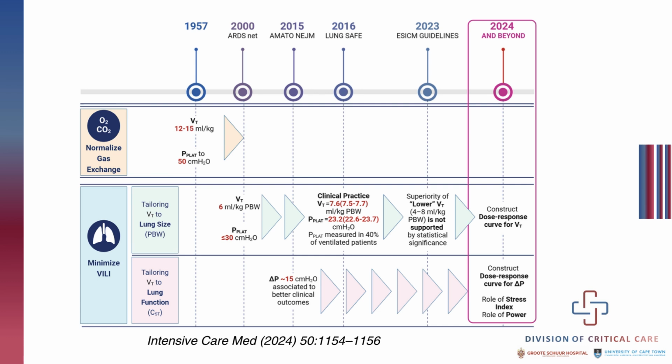And we need to individualize that for each patient. So we need to construct these dose response curves for the changes in compliance. And I think we can do that, particularly when we're thinking about setting PEEP using EIT.